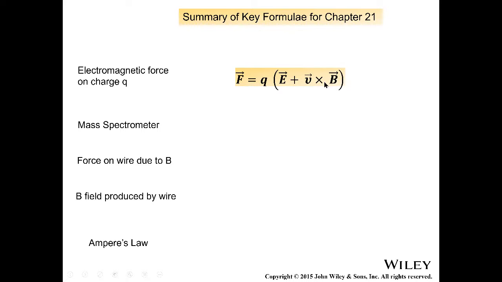The name for this general expression is actually the Lorentz force, but somehow the book doesn't want to give Lorentz any credit. It is a combination of the electric field plus this spiraling V cross B, and it depends on your velocity.